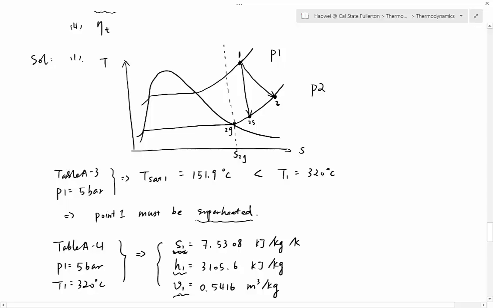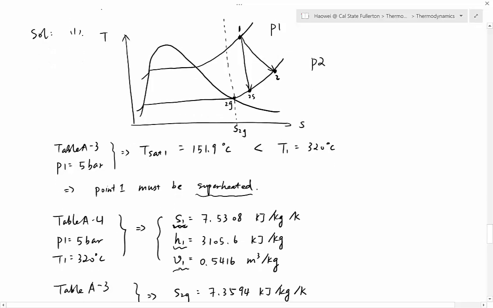And what is the second input we have about point 2S? You've noticed 1 to 2S is a vertical line, so they must have the same entropy coordinate, which means S1 must be equal to S2S. And do we have S1? Yes, right here. So that means we have S2S, which is the second input we have to use.